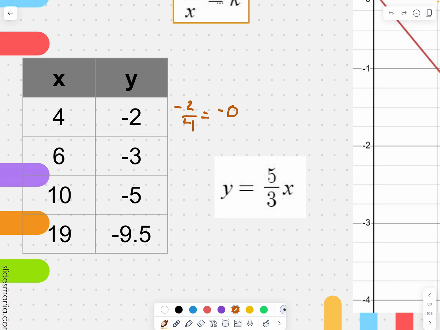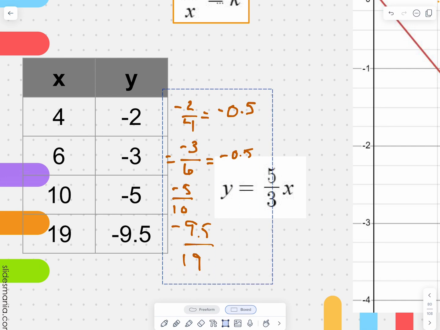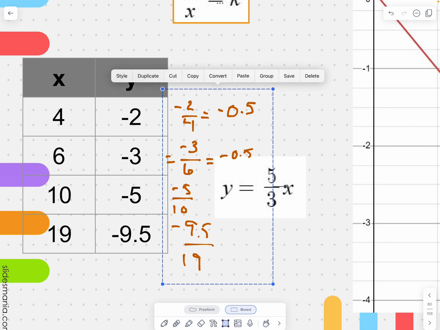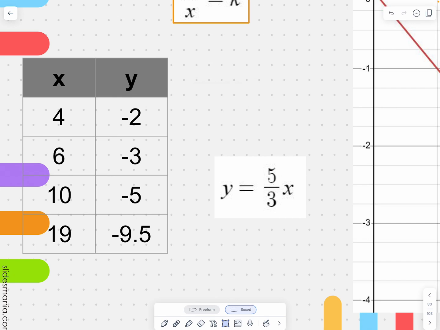So I get -0.5 or -1/2. -3 over 6, -1/2. -5 over 10, -1/2. -9.5 over 19, -1/2. So that table is proportional, and the constant of proportionality is -1/2 or -0.5. Same thing.